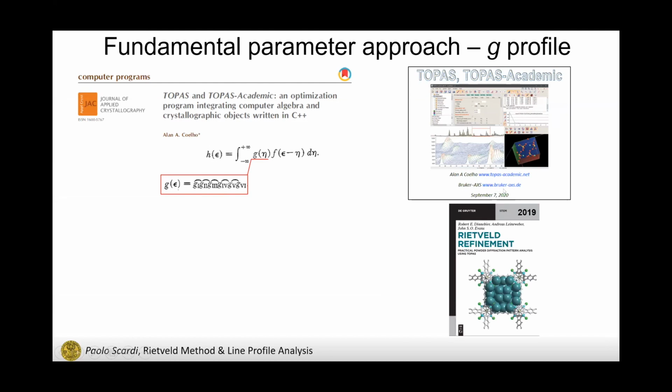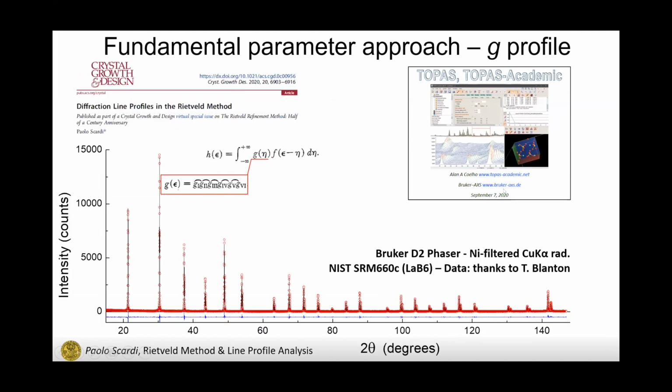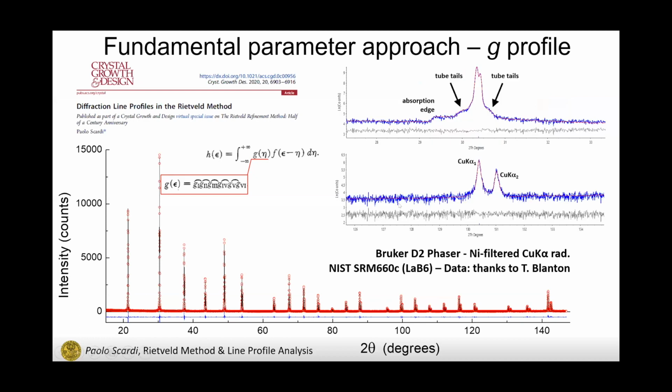For example, you can see the case of how to model the instrumental function of a diffractometer, which is quite common, with a strip detector, no monochromator, and unfiltered copper K-alpha radiation. Here you can see the details.